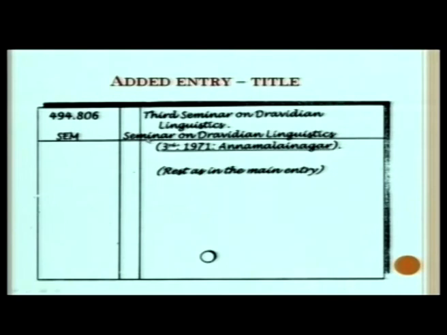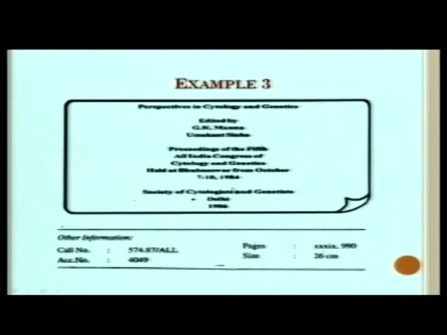We have to start with only Seminar on Dravidian Linguistics. So, within circular brackets: third, colon, year of event, colon, place of event held. It has to be in circular brackets, and again the three elements have to be underlined. This is how we have to prepare the entry for the title.